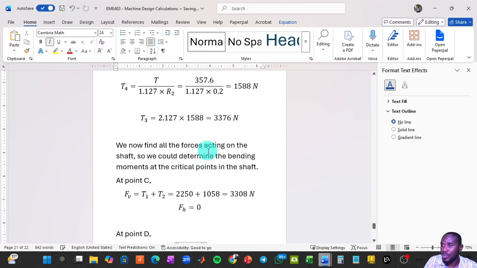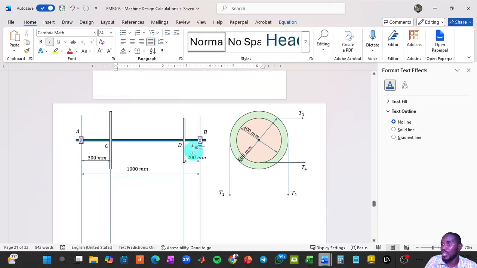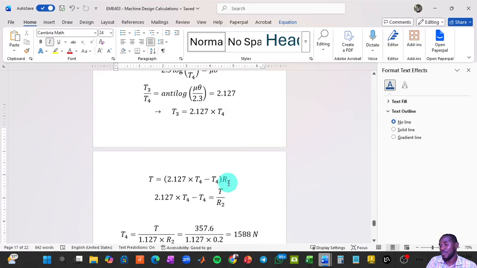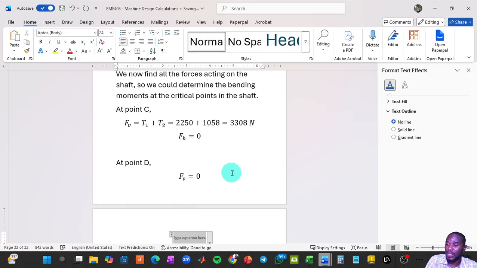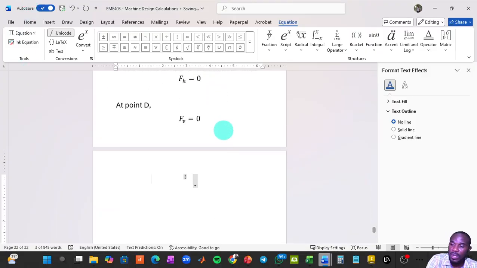Why did we say that? Because when you look at point D, it is being driven by a motor that is to the right of it, horizontal. That's where T3 and T4 are. So there are no vertical forces. However, there are horizontal forces.